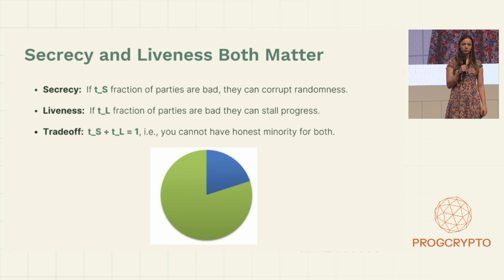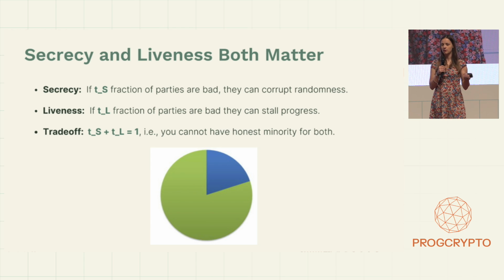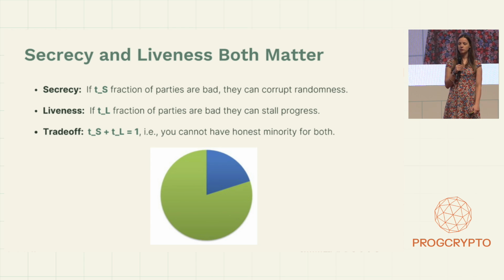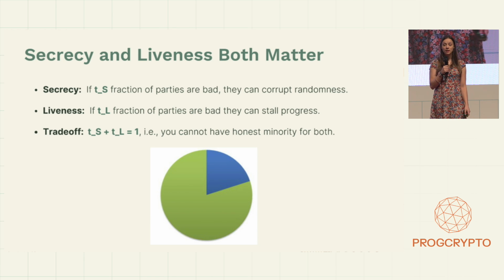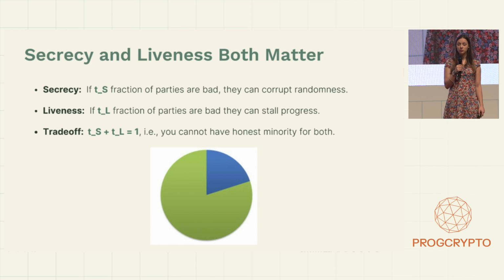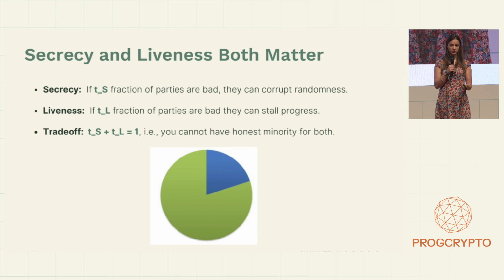And we have a fundamental trade-off going on, which is not to do with our schemes. It is genuinely impossible to have a setting where you have TS plus TL summing to more than 1. So what this means is that you cannot have an honest minority for both the secrecy threshold and the liveness threshold.